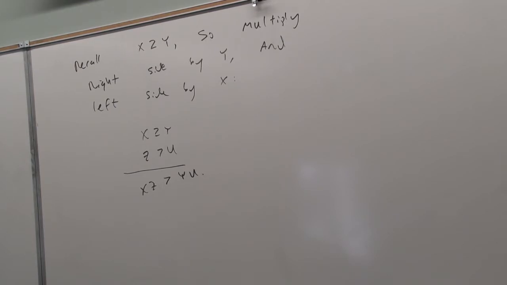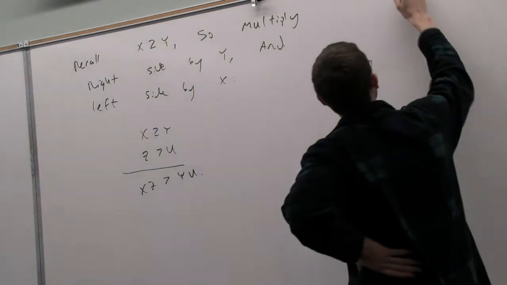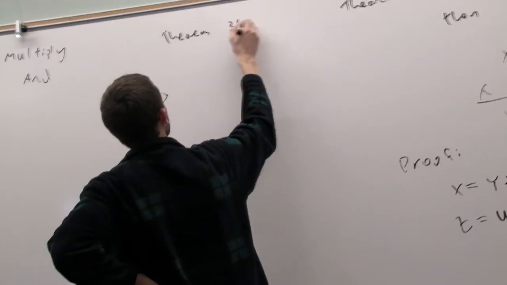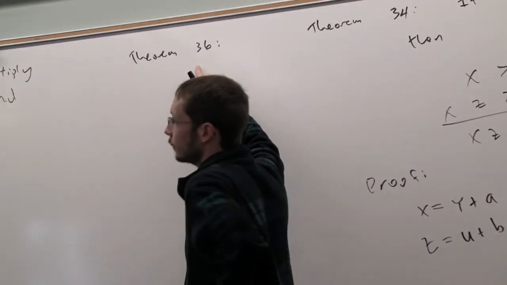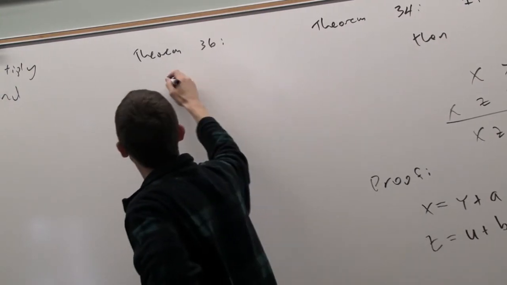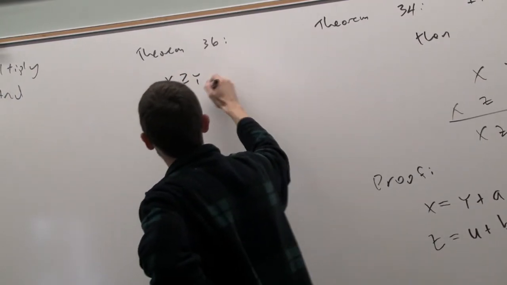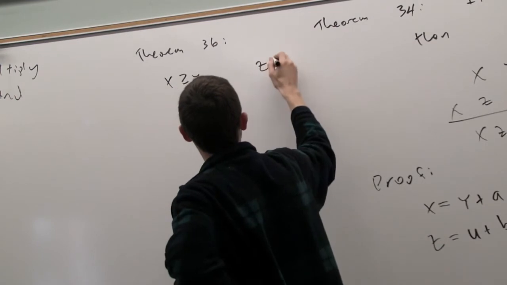So the last theorem, theorem 36. x is at least y, and z is at least u.